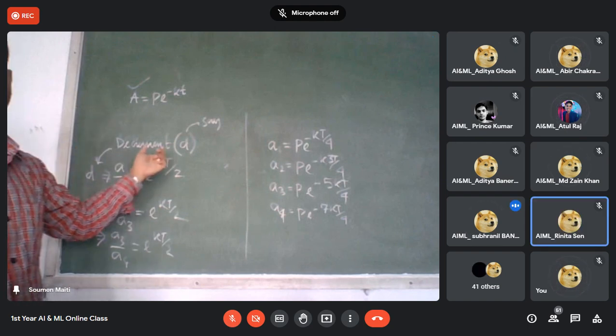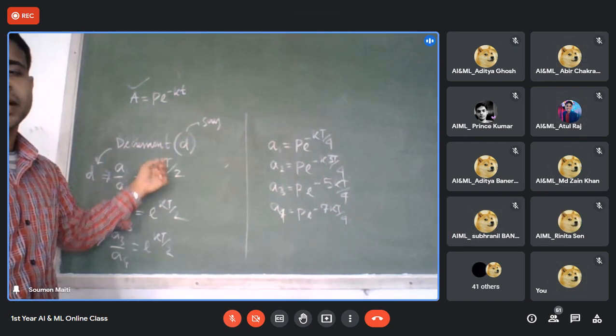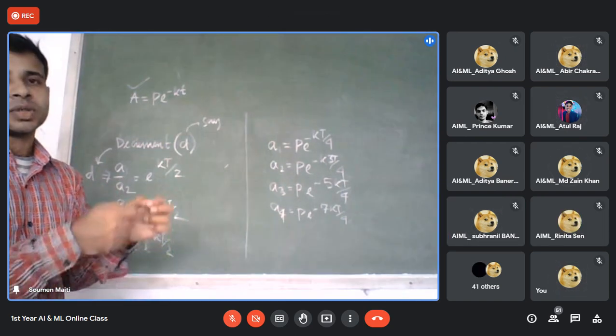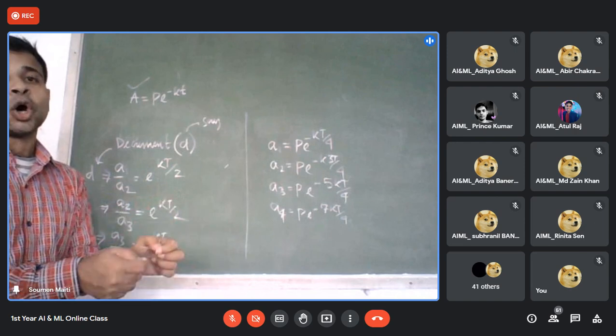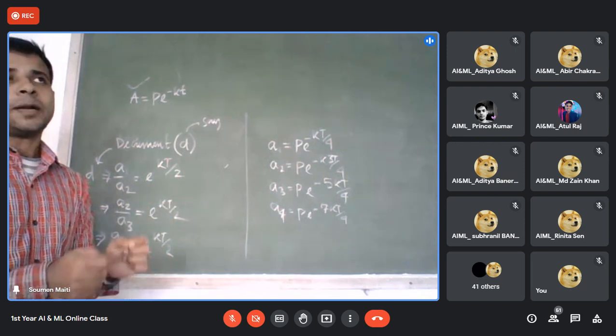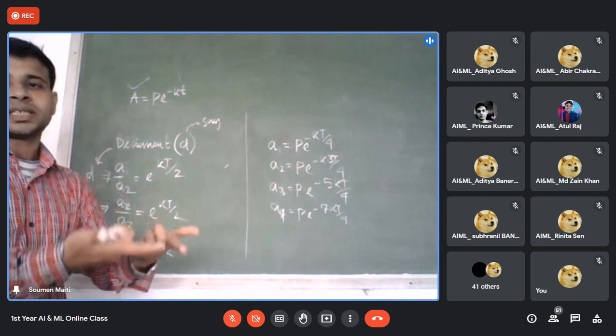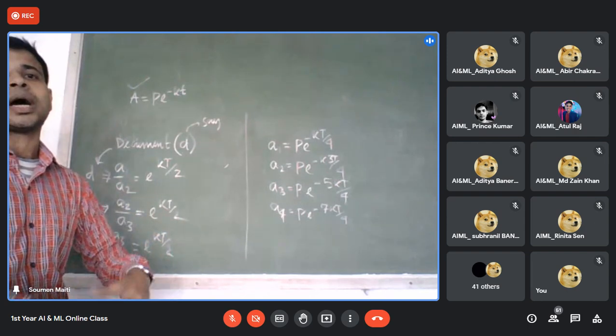If this is my decrement, the terminology asks for the logarithmic decrement. That means the natural log of this decrement is called the logarithmic decrement.